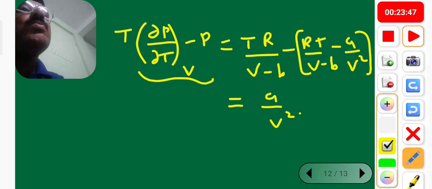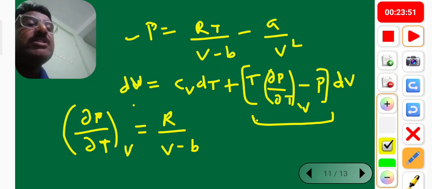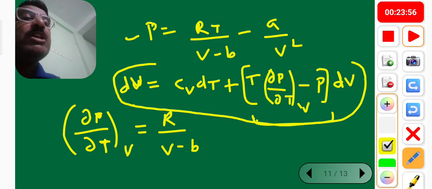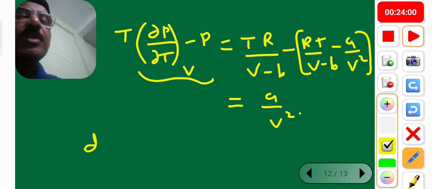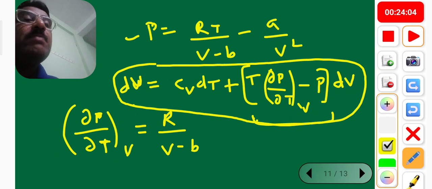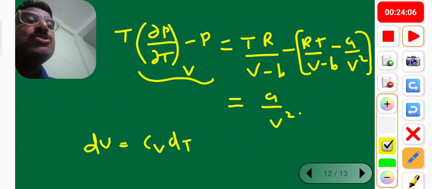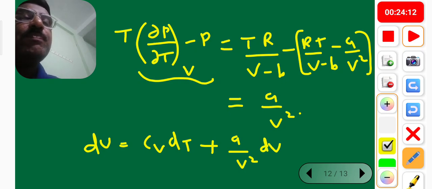So our du equation will now become du is equal to Cv into dT plus this whole term, which is a/V², into dV.